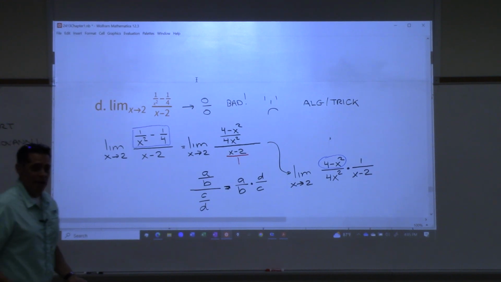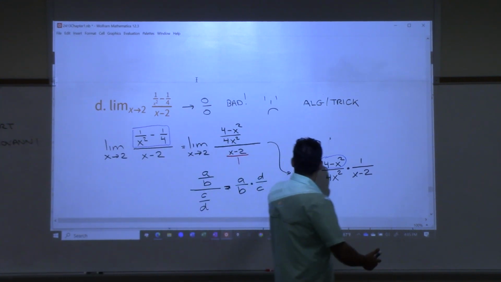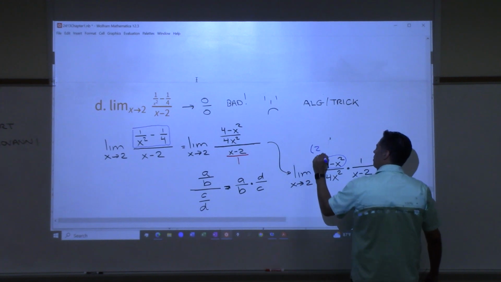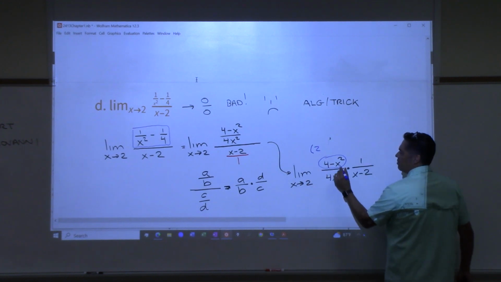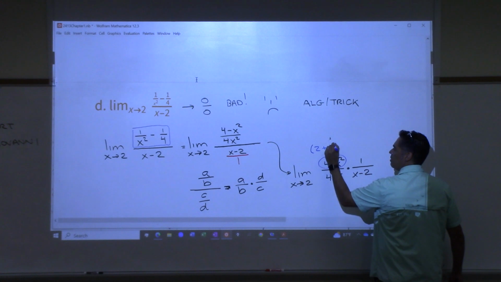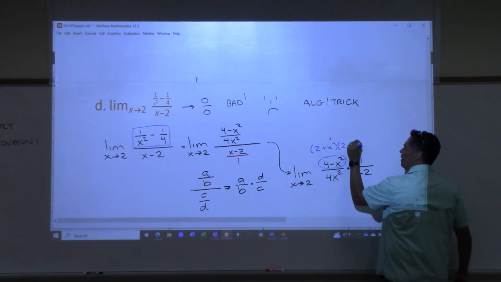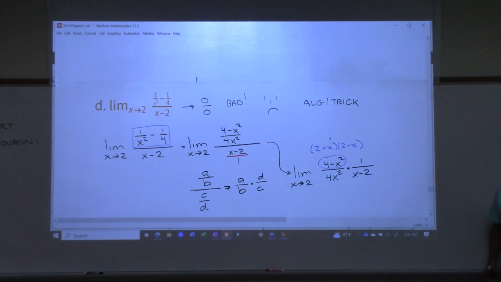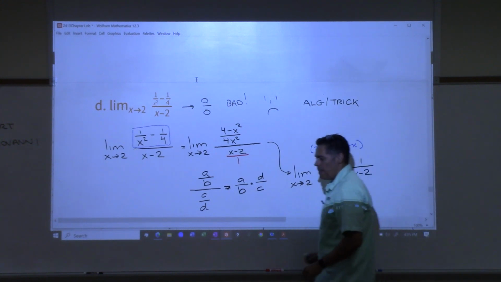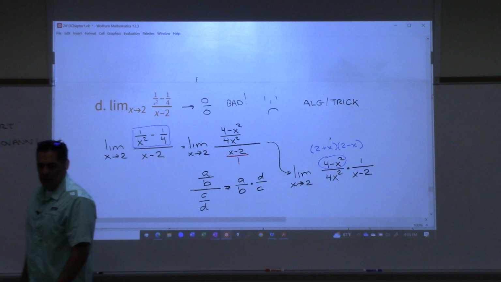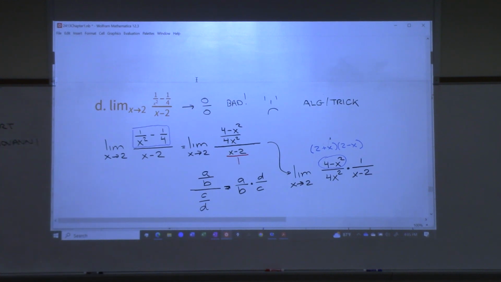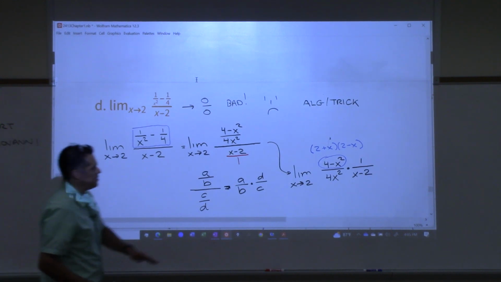Again, more algebra, right? That's a difference of squares. That is, careful, because the 4 is in front, so it's going to be 2 plus x, 2 minus x. That's a difference of squares. And they almost cancel, don't they? Do y'all see that it almost cancels?